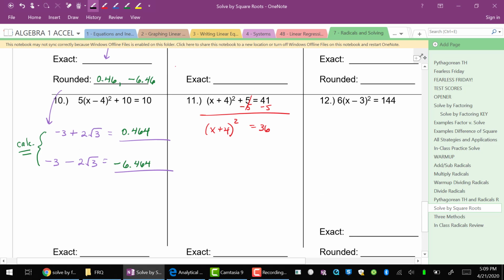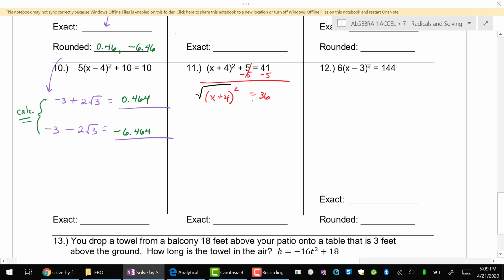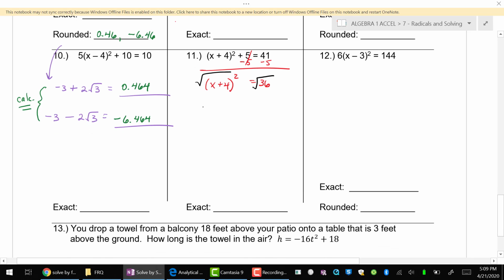I'll take the square root of both sides. So I have regular x plus 4 because the root and the power of 2 cancel out, equals plus or minus the square root of 36, which is just the number 6. And then subtract 4 to get x by itself.